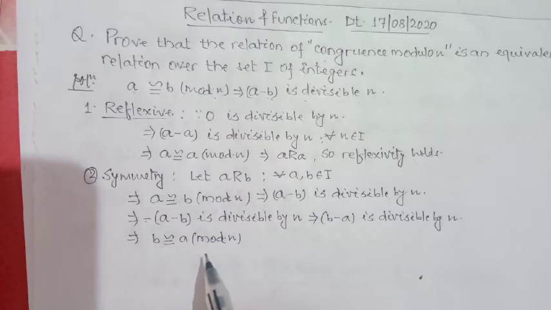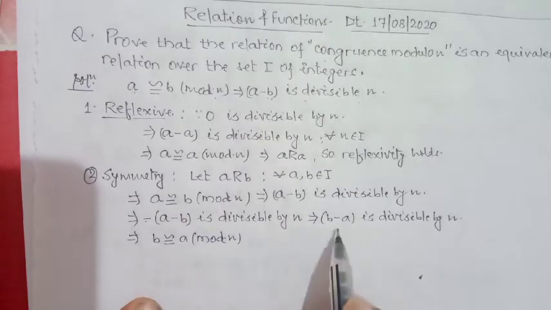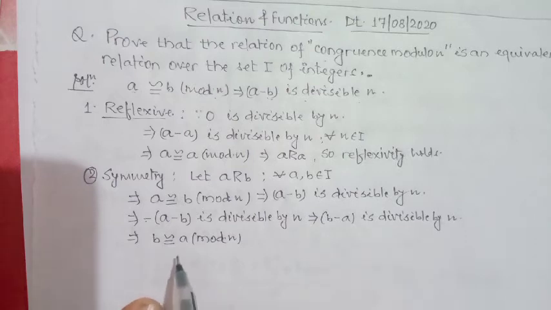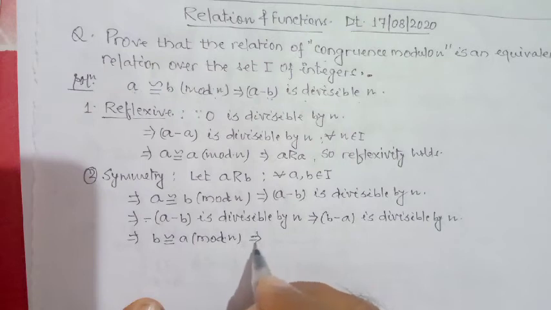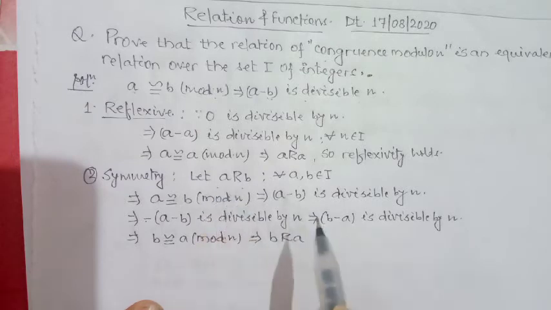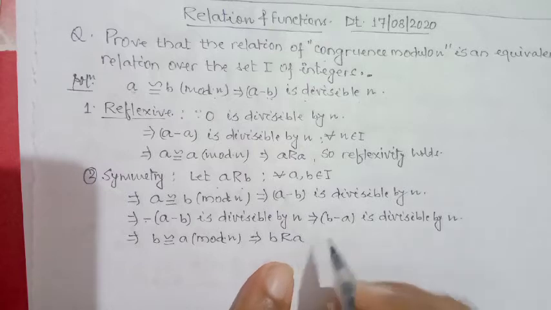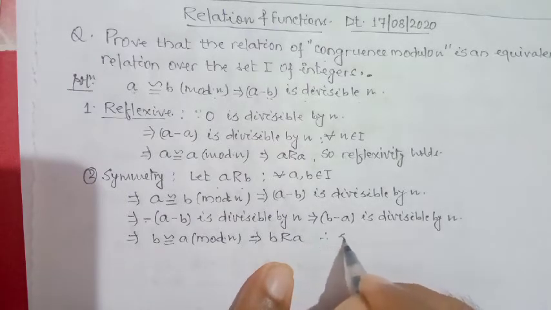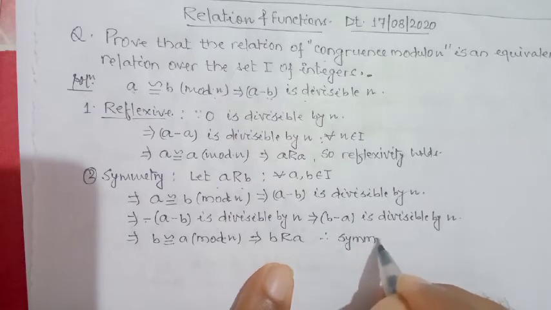It means b is related to a. So a is related to b implies b is related to a. Therefore symmetry holds. It holds the property of symmetry.